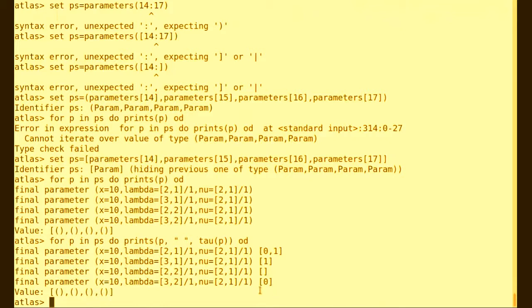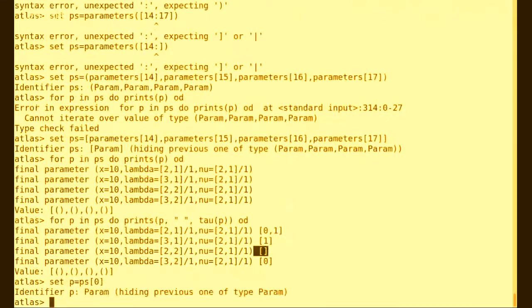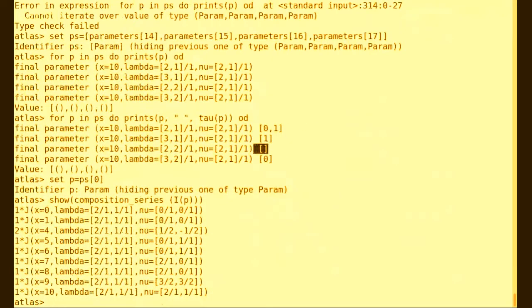The opposite extreme is when the tau invariant is empty. That's an irreducible principal series, and 1 is the long root and 0 is the short root. So these 4 principal series can be distinguished by their tau invariants. So let's check, for example, let's set P is PS 0, and let's show the composition series of this corresponding standard module.